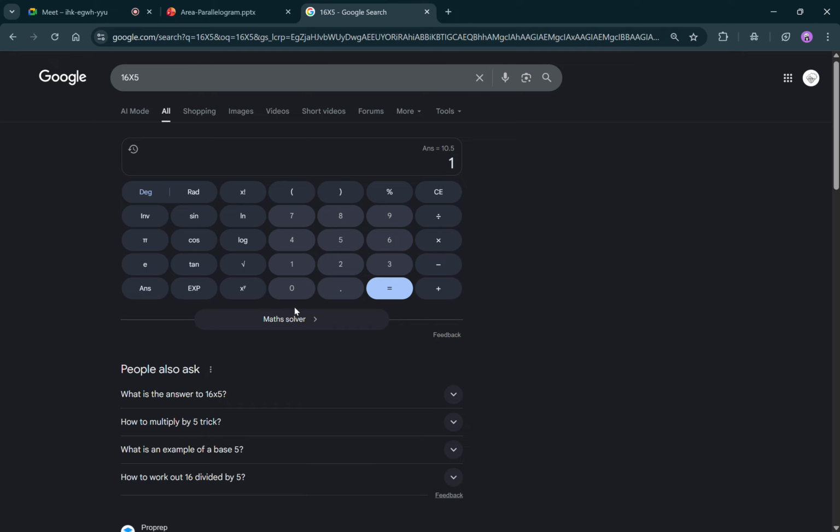So just pop up our good old calculator. 88.2 centimeters. What's the unit again for the area?